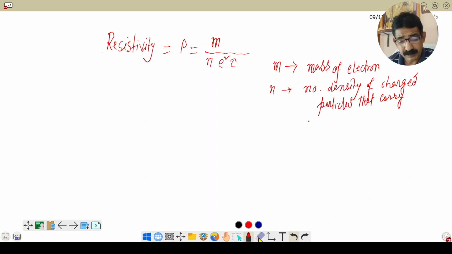So I have to correct this: the number density of charged particles that are responsible for electric current.